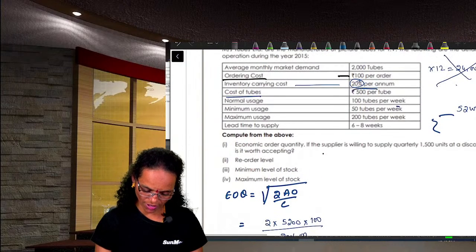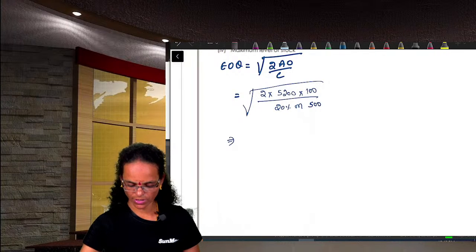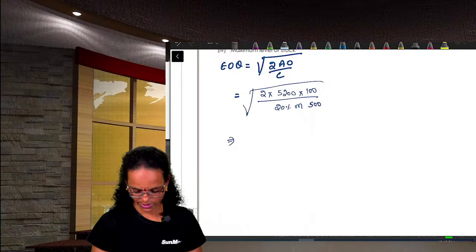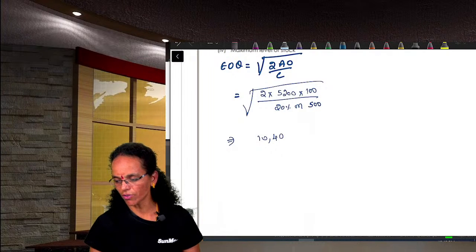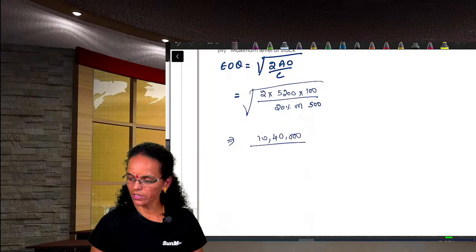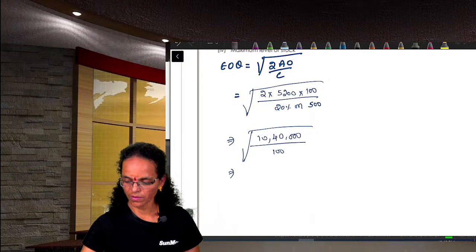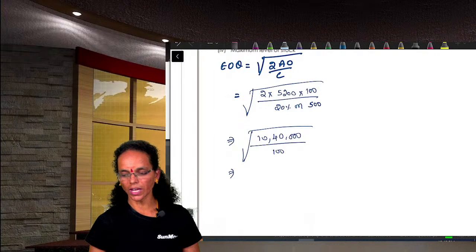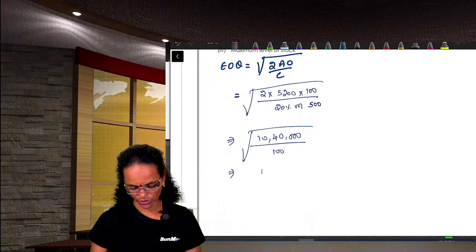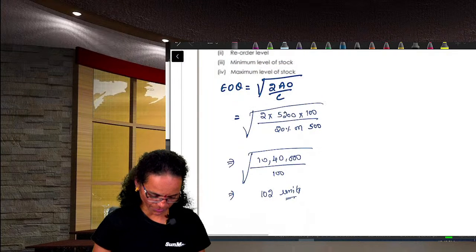Cost of the tube is 500 rupees per tube. 500 under root 2 into 5200 into 100 is 1,04,00,000 divided by 500 into 20% is 100 under root 101.98. You take it as 102 units as a round figure.